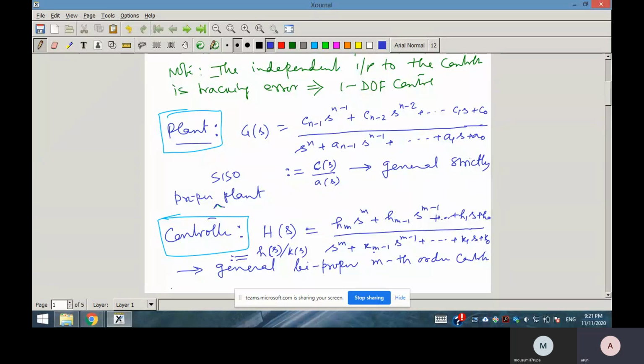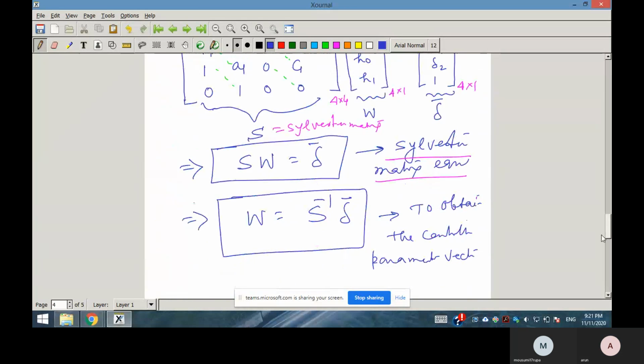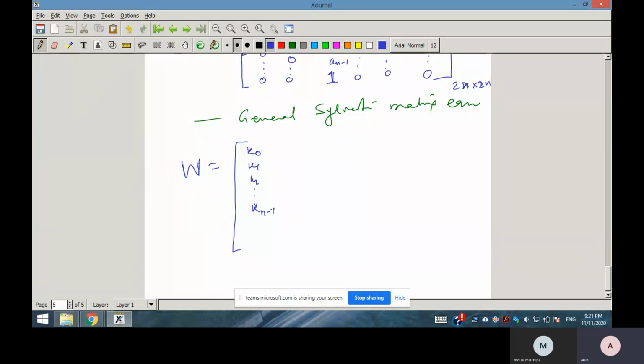So m equal to n minus 1 here, so kn minus 2 and then kn minus 1 coefficient is 1. So here better to write kn minus 2 and then 1, and then after that it will be h0, h1 up to dot dot dot h of n minus 1.